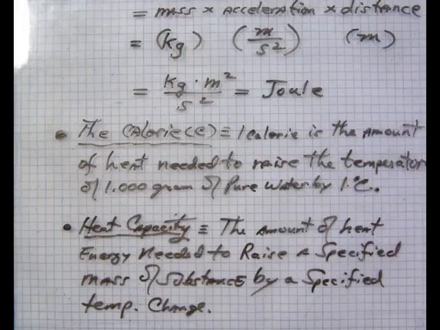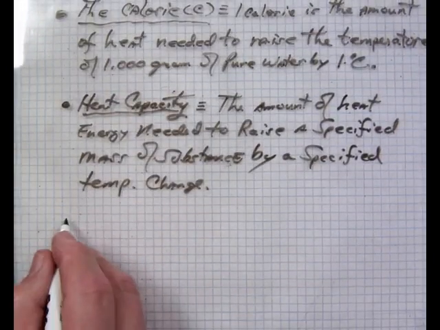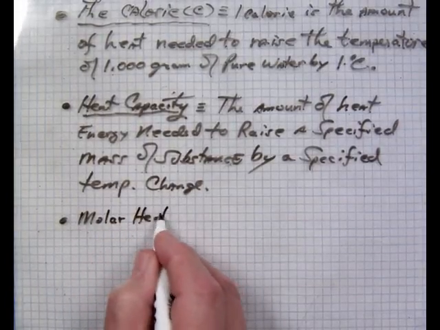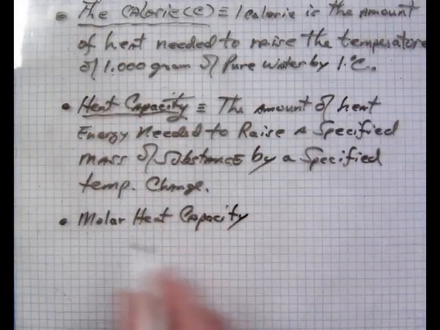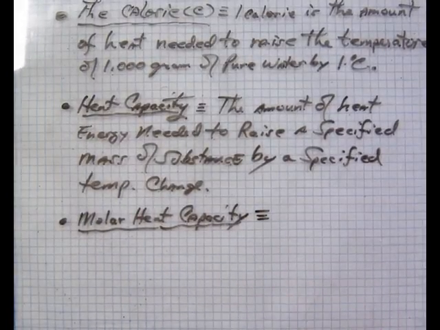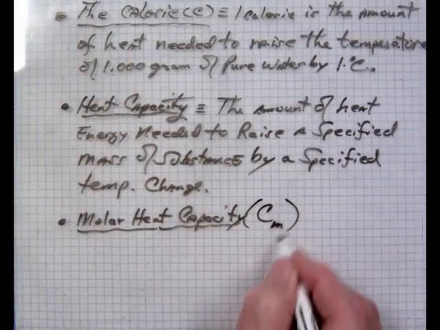Typically in chemistry, it's molar heat capacity, which is simply defined in the context of what we've just said, the amount of heat necessary to raise 1 mole of substance by a specified temperature. That's called molar heat capacity, capital C sub M.